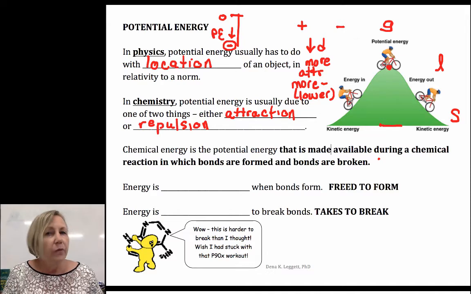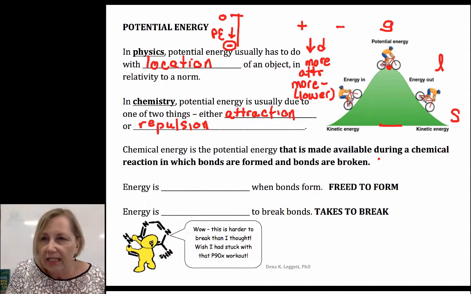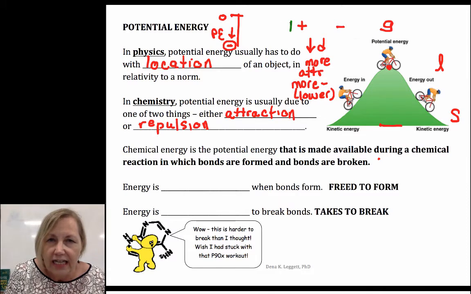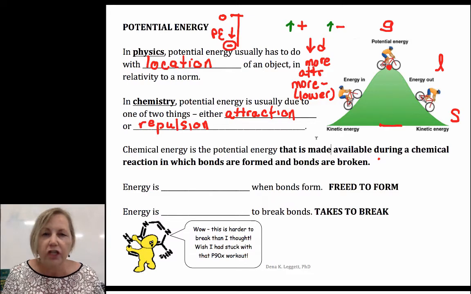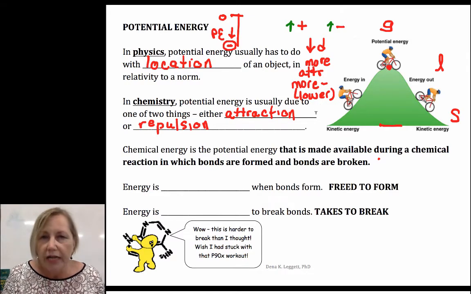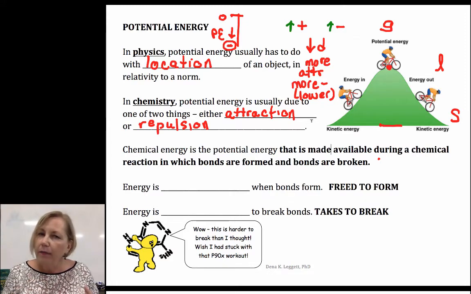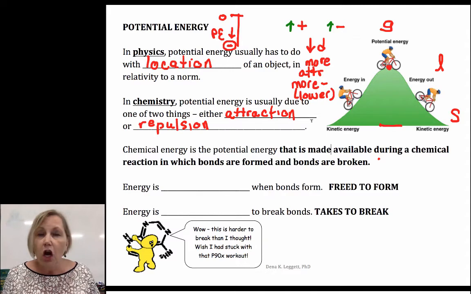When we have charges, if we increase our positive or our negative charges, that also gives us a lower, more negative potential energy. So it's all a measure of charge attraction or charge repulsion.